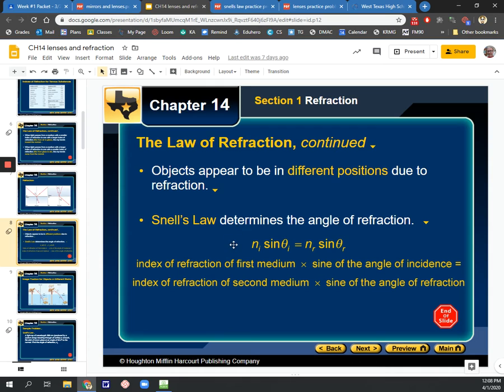The formula is index of refraction for your starting material times sine of angle of incidence equals index of refraction of your new material times sine of the angle of refraction. If you know any three of these, then it is not difficult to find the fourth one, just by using a little bit of algebra, plugging in what you have and finding what you don't. We'll look at a few Snell's law practice problems here in just a minute.